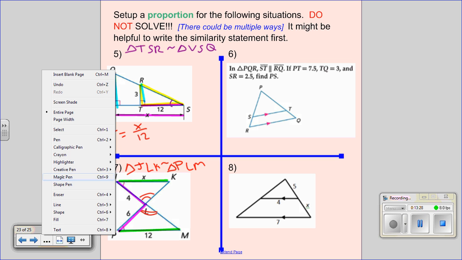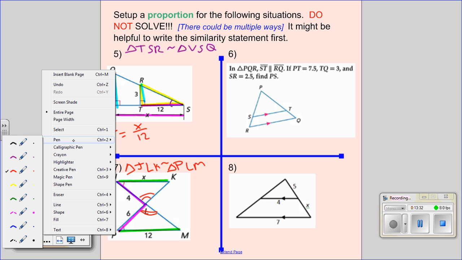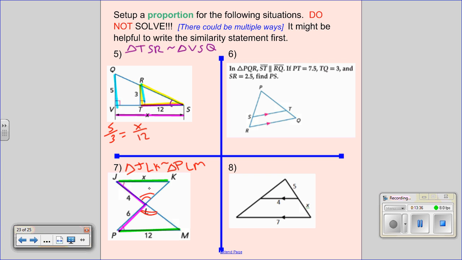So now that I know my two corresponding sides, I can set up my ratio. I could say x is to 12 as 4 is to 6. There's other ways to set up that proportion, but make sure you do it correctly.